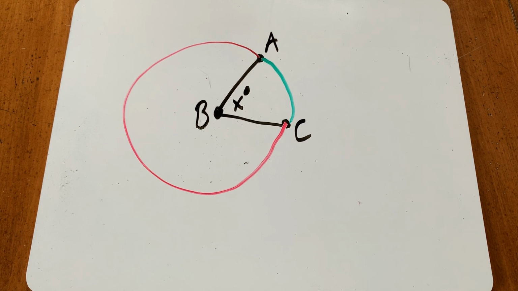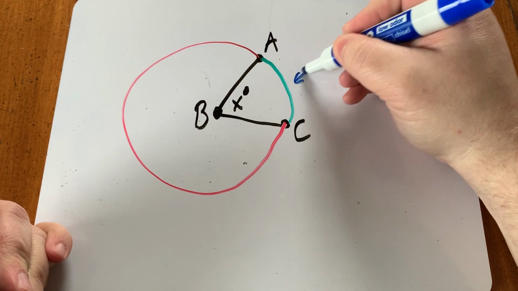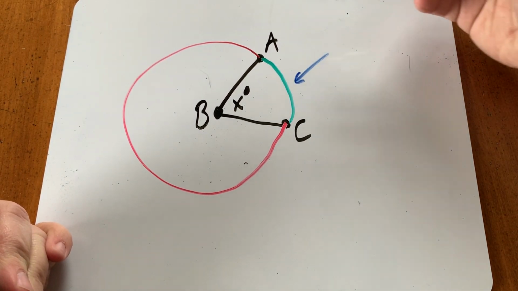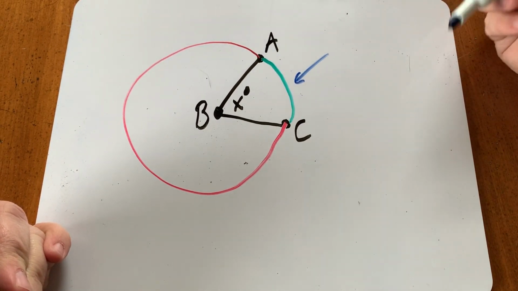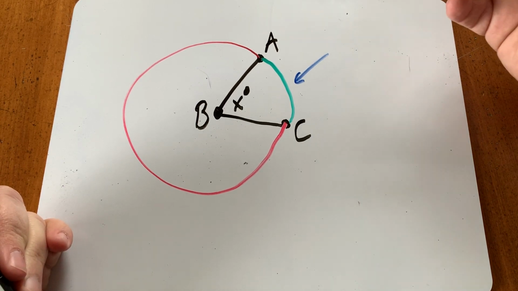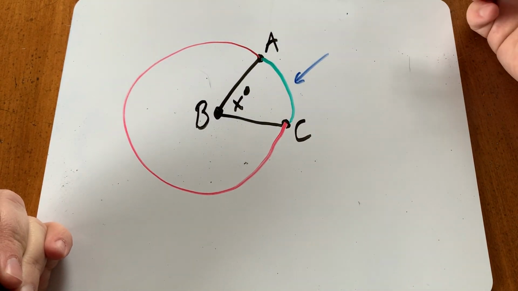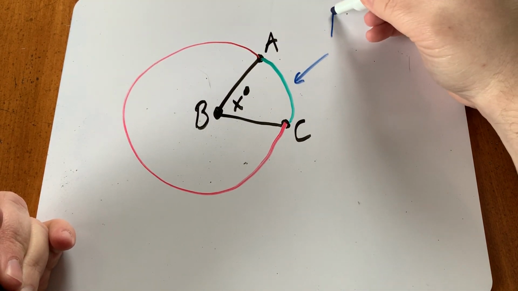So we have this. Now let's talk about how we can differentiate between these arcs. This smaller arc here, the arc that's intercepted by any central angle, such that the angle is not a straight angle, is called a minor arc.